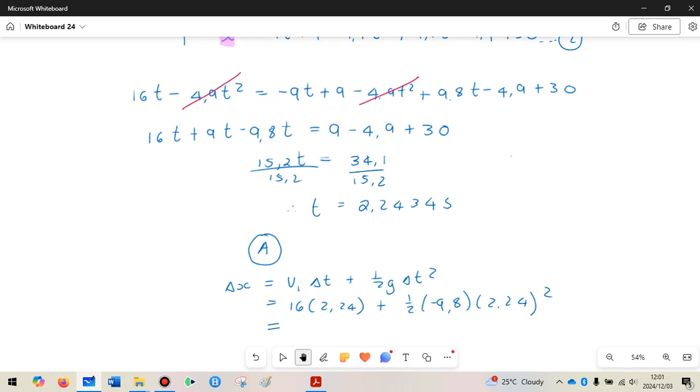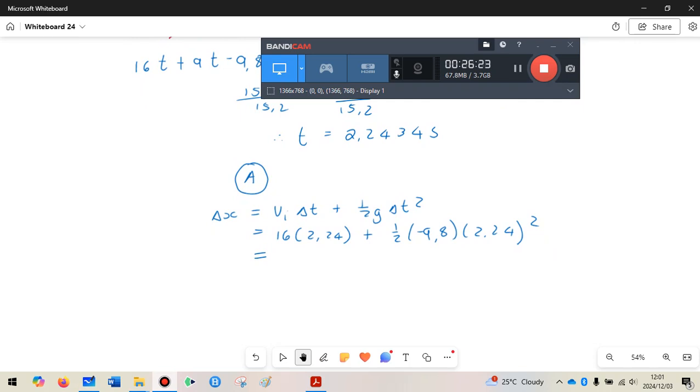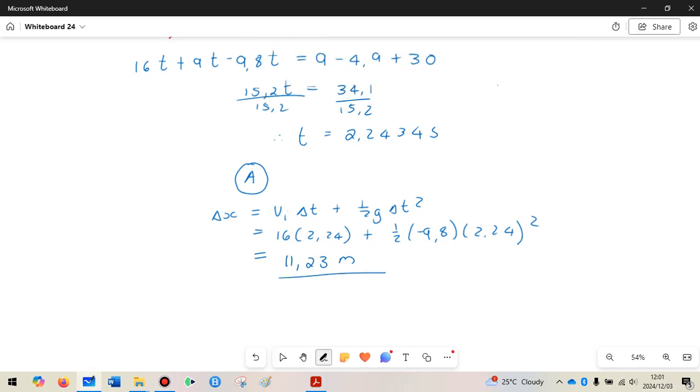And then we should get a distance of 11.323 meters height is where these two meet. So A has traveled 11.23 meters when it finally meets ball B.